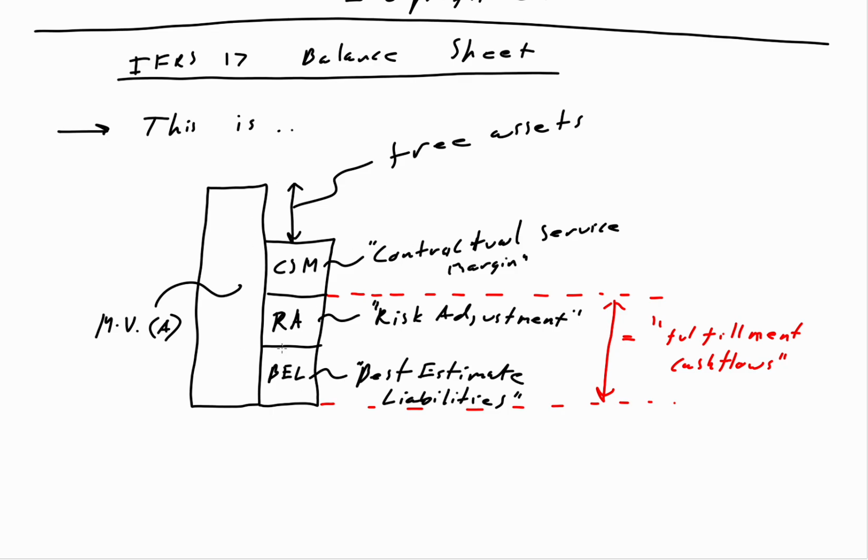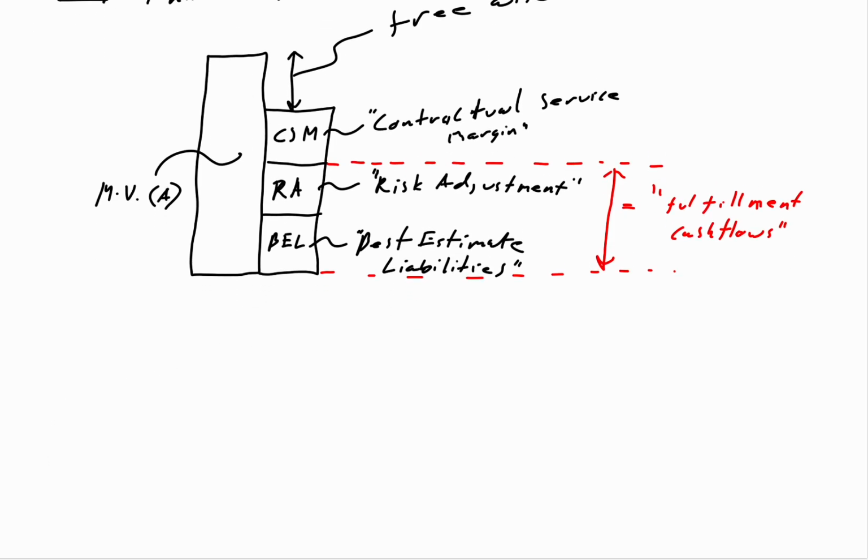Okay, so this is what the balance sheet looks like. So our free assets are slightly different to Solvency II. I'll just write that out in letters so it's really clear. Free assets at the top here.